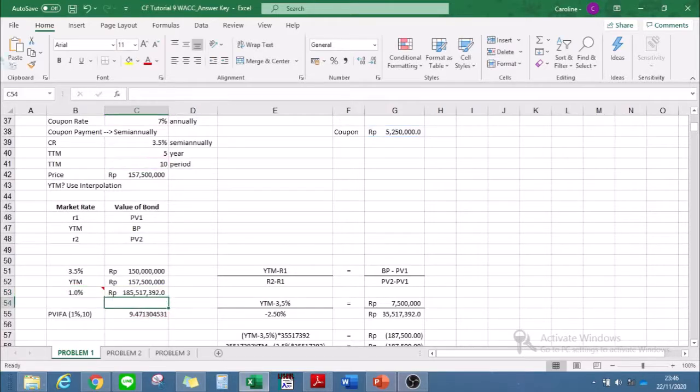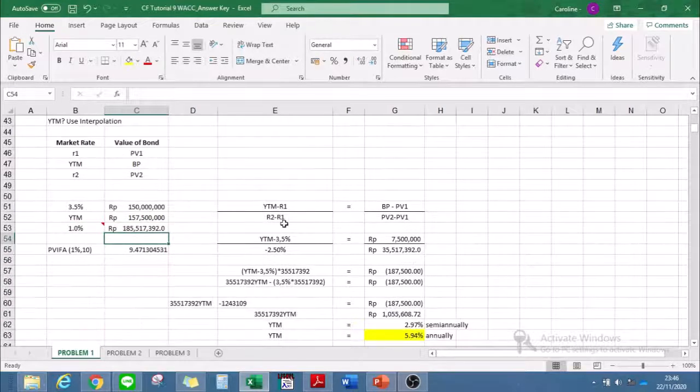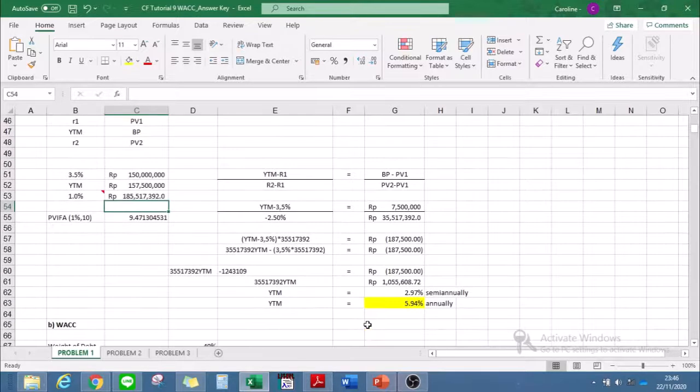Okay, so using the interpolation method here, you find that the YTM is 2.97% semi-annually. Remember that the YTM needs to be stated on an annual basis. So this YTM needs to be multiplied by 2. Okay, and you get that the annual YTM is 5.94%.